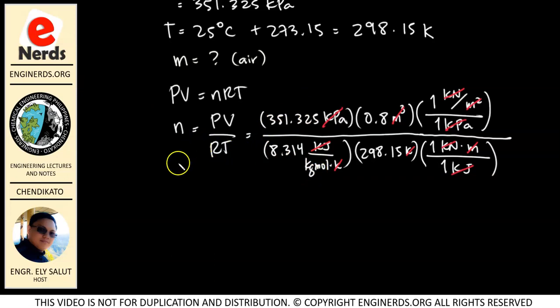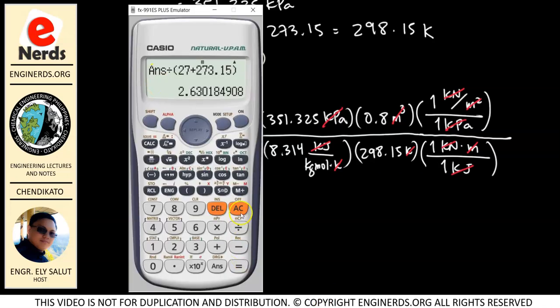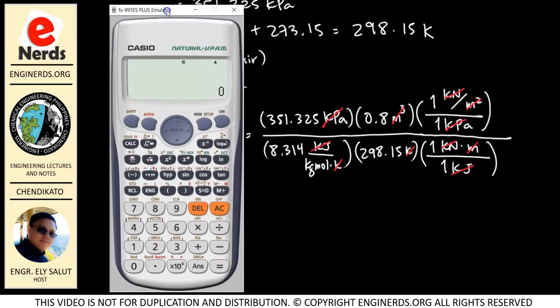So, therefore, our N will be equal to, let us now use our calculator again. So, let's start here. We have 351.325 times 0.8.